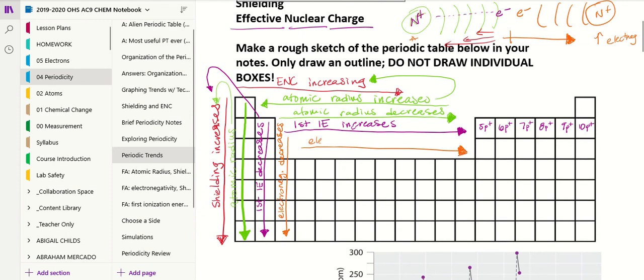Why? It increases because why? Increase in ENC. Increase in the attraction between the protons and the electrons. So this is kind of a summary of everything that we've talked about in sort of a graphic organizer.